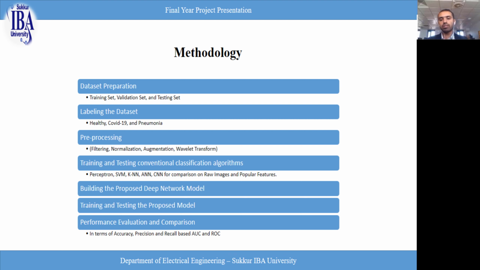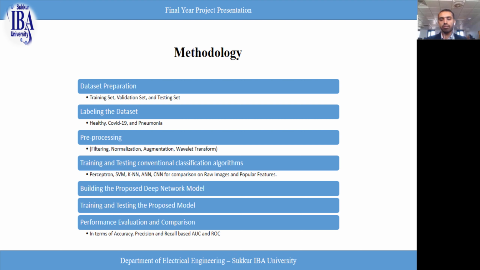And in the third step, in the pre-processing step, we will be applying normalization, filtering, augmentation, and also wavelet transform. At the fourth step, we will train and test conventional classifiers, like SVM, KNN, perceptron, and CNN, just for comparison purpose.